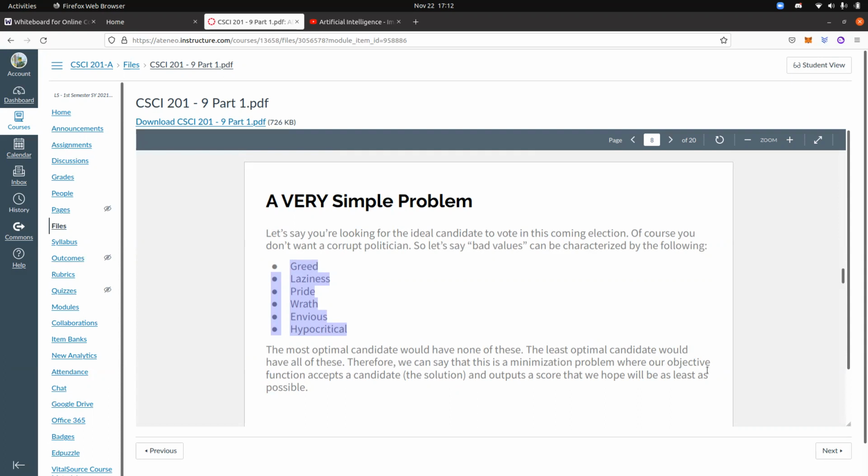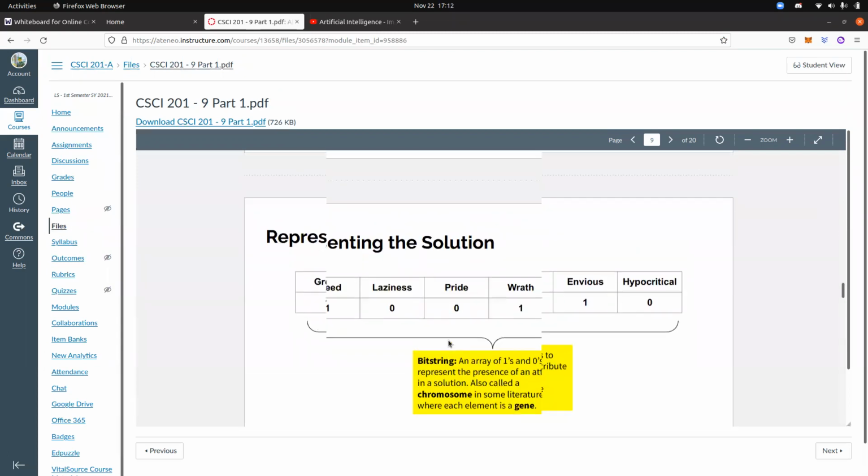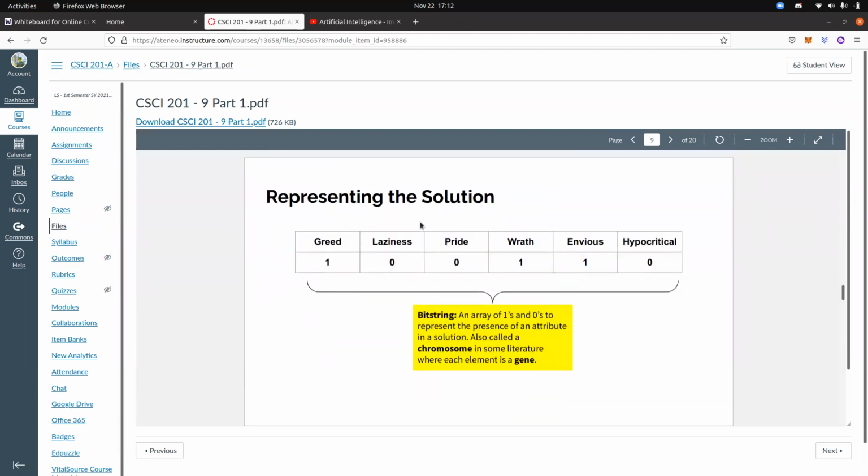Okay? So, let's talk about a classical problem. Sorry, before that, the solution is simply an array that represents a possible answer to your problem. In the case of the bad politician, we want everything in our array to be 0. When we sum the values inside our array, we want it to be 0.